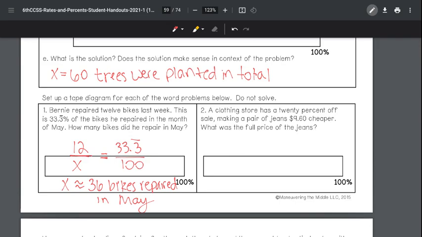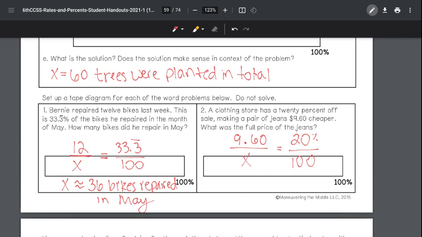Number 2, a clothing store has a 20% off sale, making a pair of jeans $9.60 cheaper. What was the full price of the jeans? So we know $9.60 is that 20% off, but we're looking for our full price, which is 100.